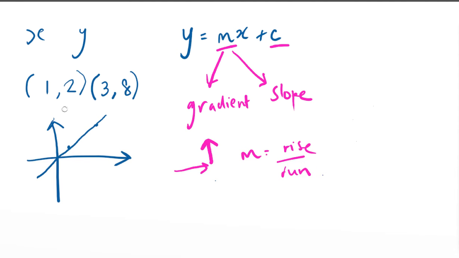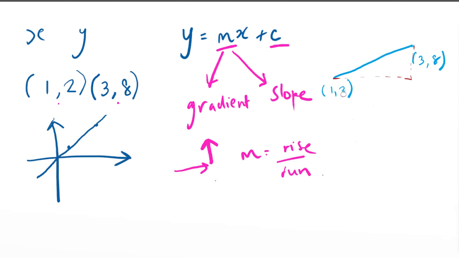So let's have a look at these 2 points here and see if we can figure out how much they are rising or running, which will give us our gradient. I'm going to draw these 2 points in a little separate plane. Let's say that's the point 1 and 2, and this is the point here 3 and 8. If I were to draw this in a little triangle that looks like this, what I can measure is how much it has gone up by and how much it has gone across by.